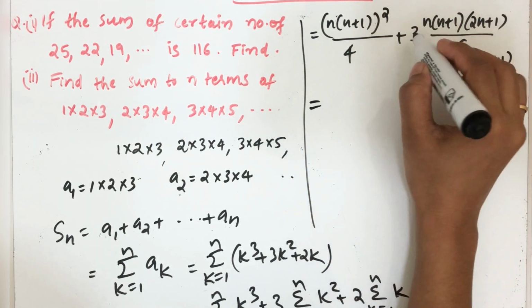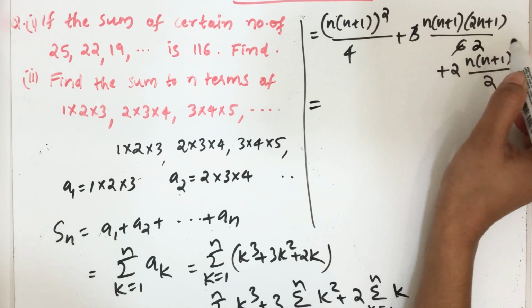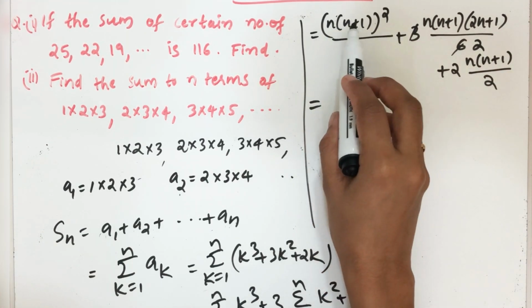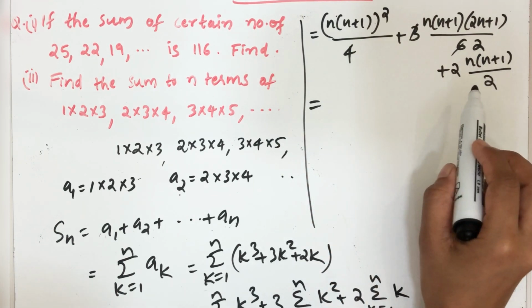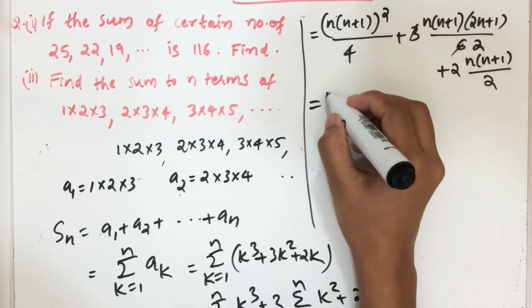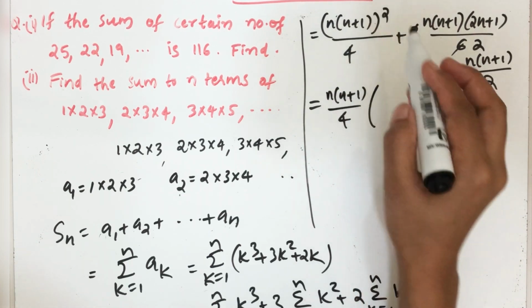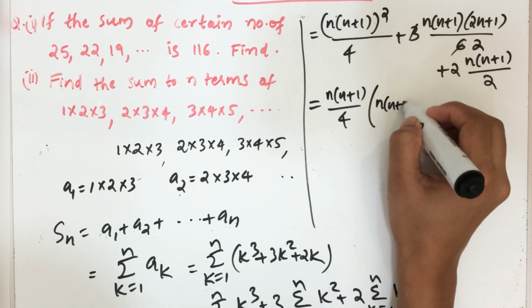Here 3, 6, 2 times. We can make the denominator 4. And we can take n into (n plus 1) by 4 outside, all common. So we take n into (n plus 1) by 4 into, here the remaining is n into (n plus 1).